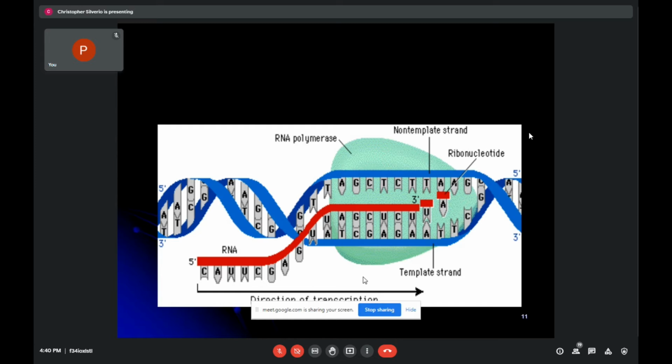So what will happen is that the RNA polymerase will bind to the DNA, and then it will start the transcription process. Okay?